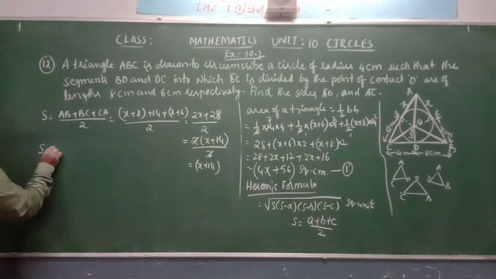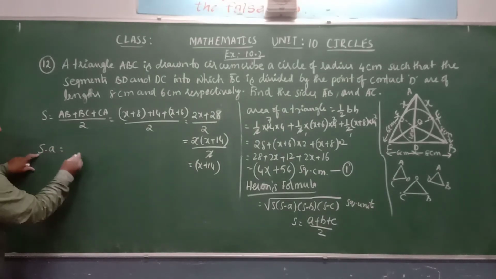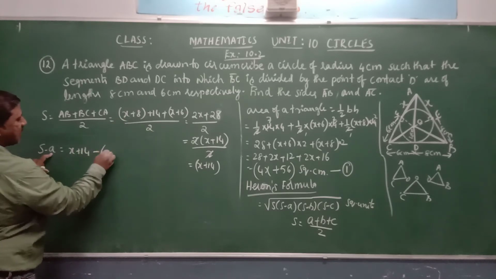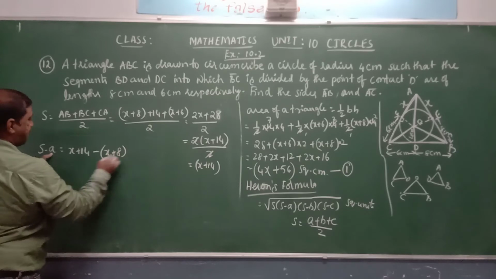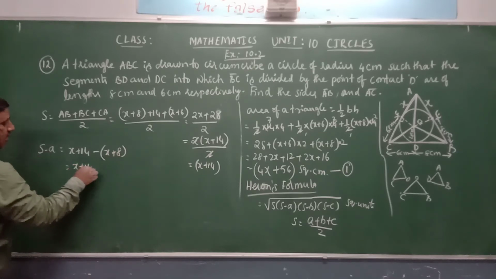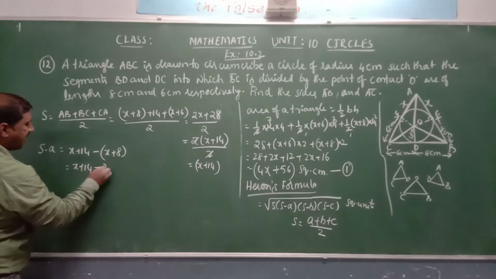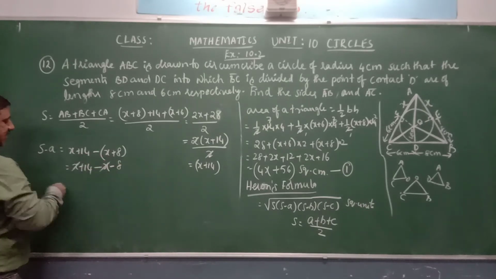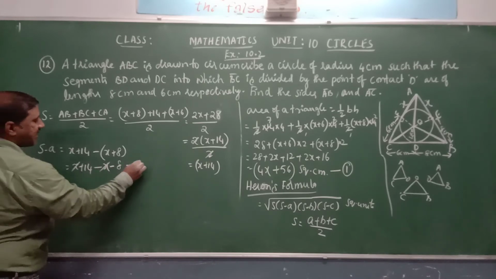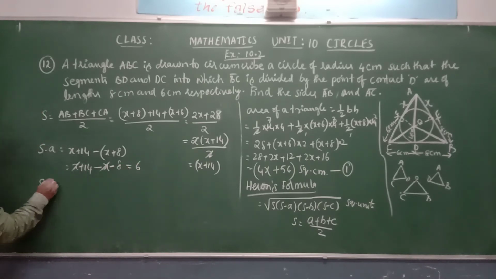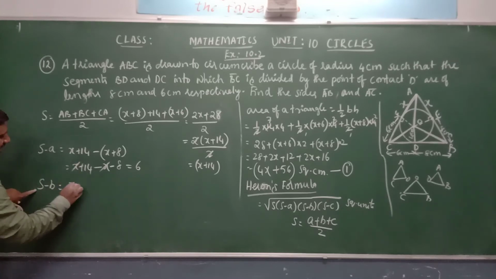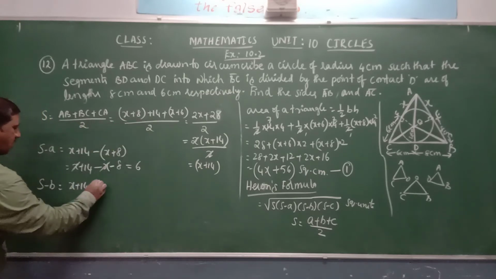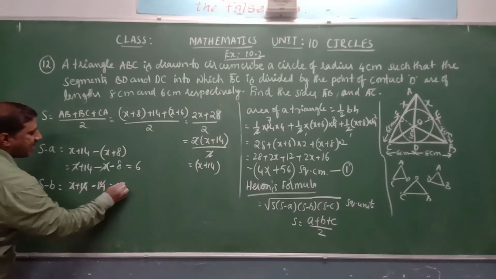So s minus a is x plus 14 minus a, where a is AB, which is x plus 8. That is x plus 14 minus x minus 8. Minus x plus x are cancelled, you get 14 minus 8, which is 6. Then s minus b is x plus 14 minus b, where b is BC, that is 14. So 14 and 14 are cancelled, you get x.